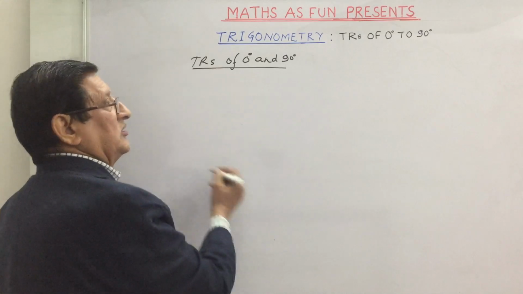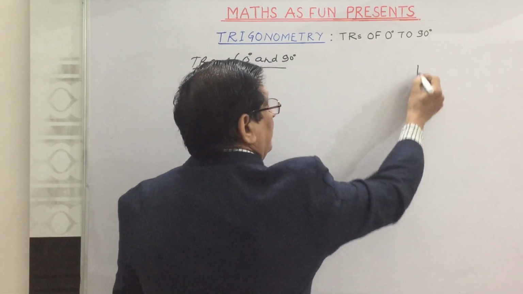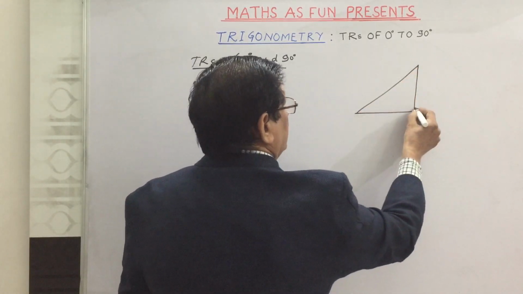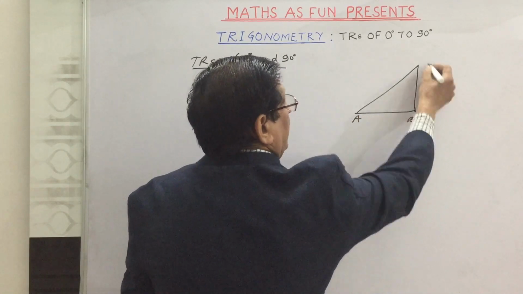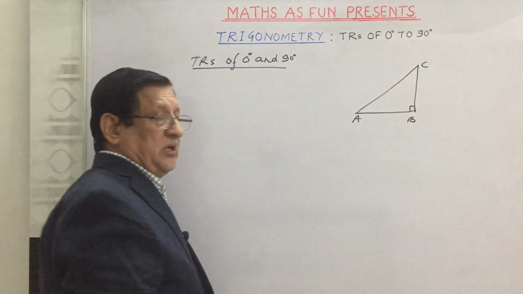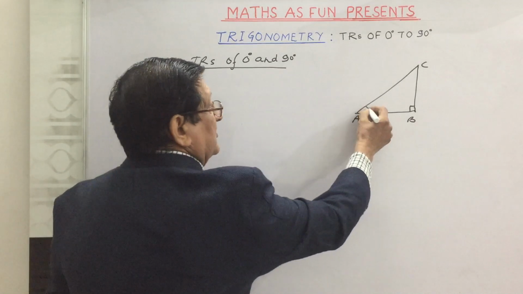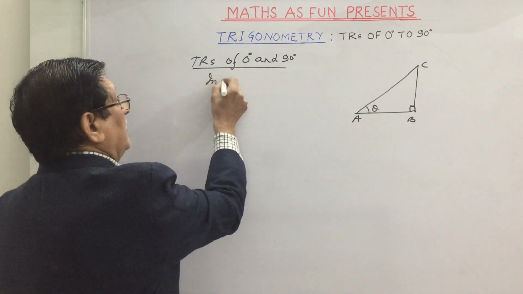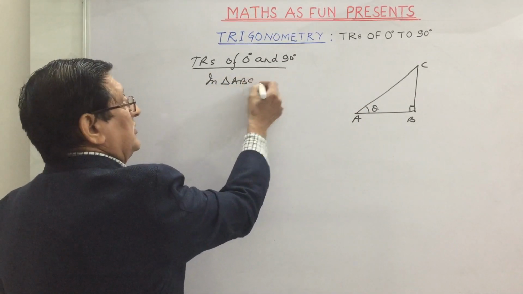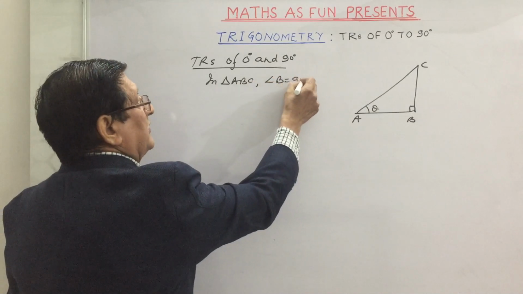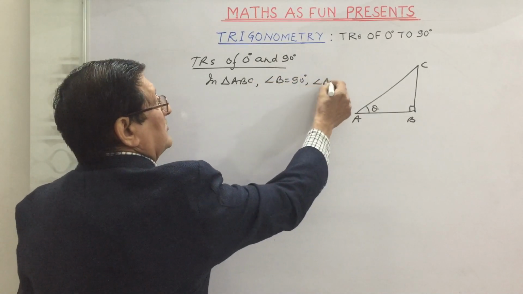First we go for 0 degrees. See, suppose we have a triangle ABC which is right angled at B and angle A is theta. In triangle ABC, angle B is 90 degrees and angle A is theta.